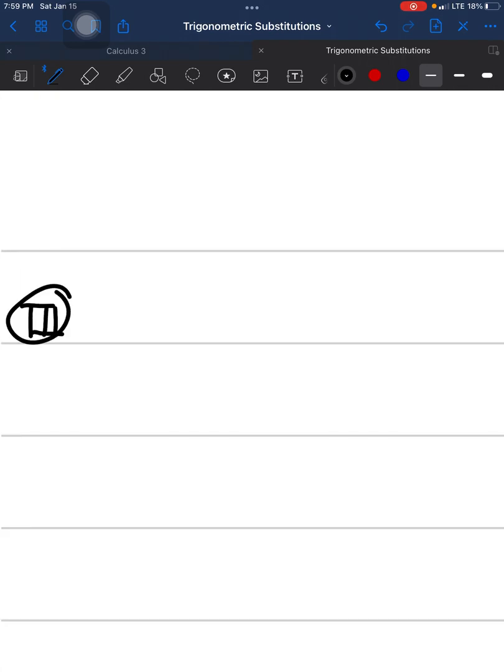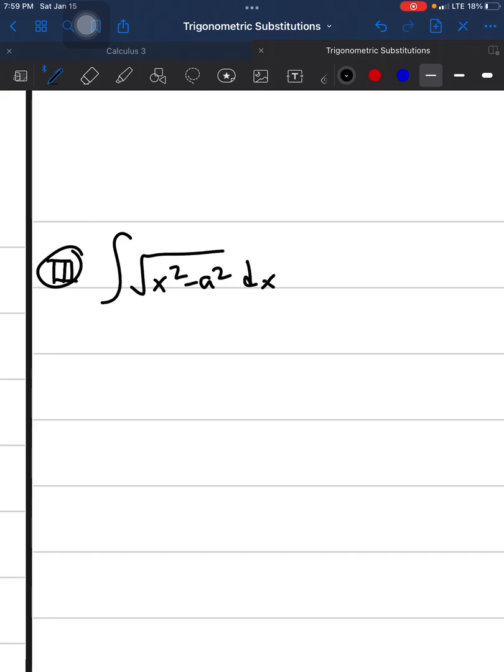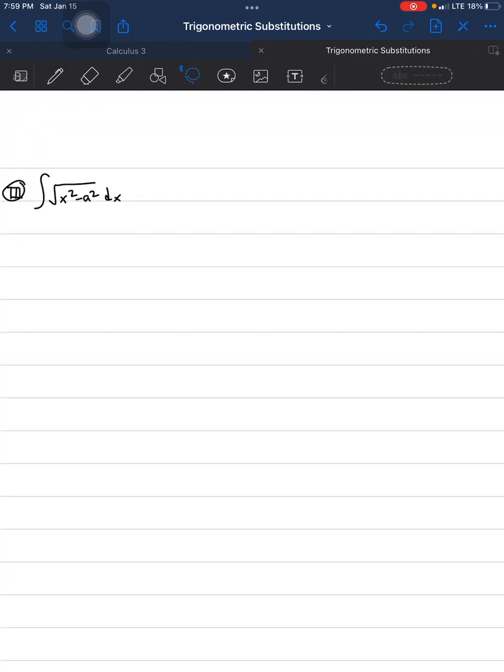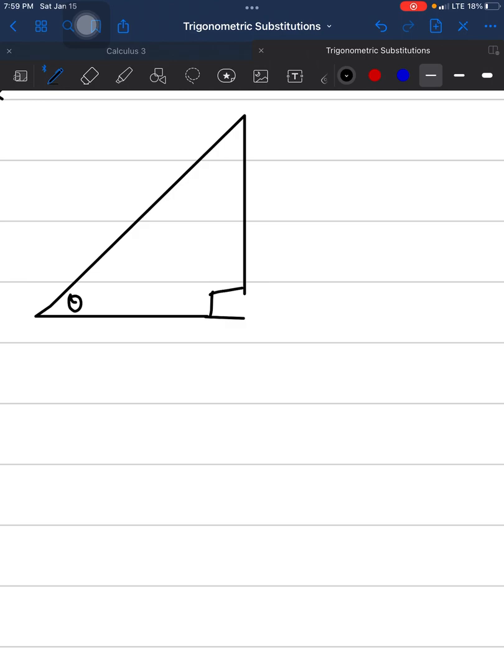Now the third case. The third case is integrals of the form x squared minus a squared dx. We can use the same right triangle. Whenever we have x squared minus a squared, this is usually going to be the opposite side, just this side right here.